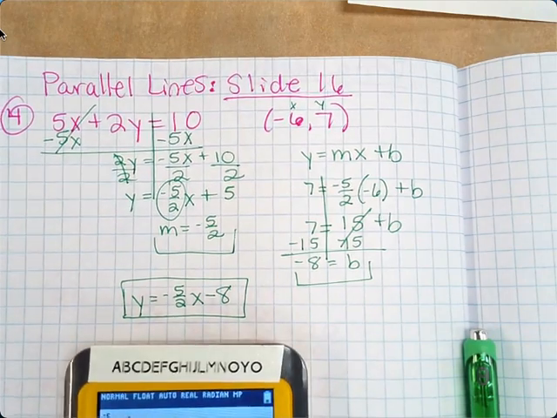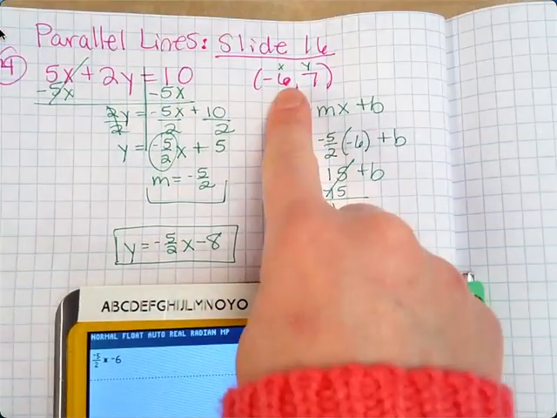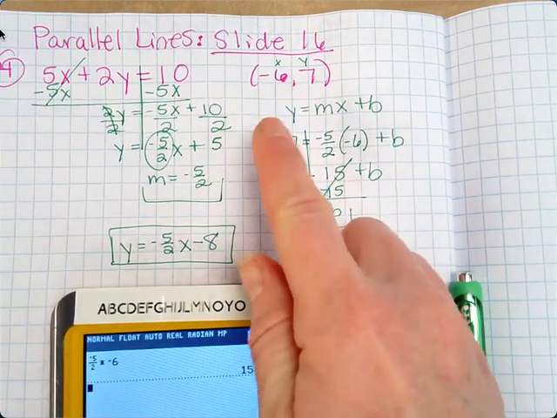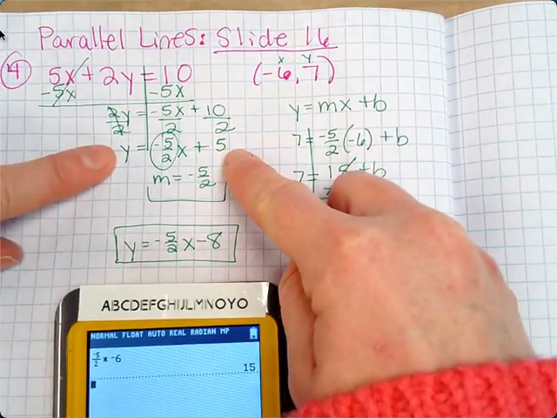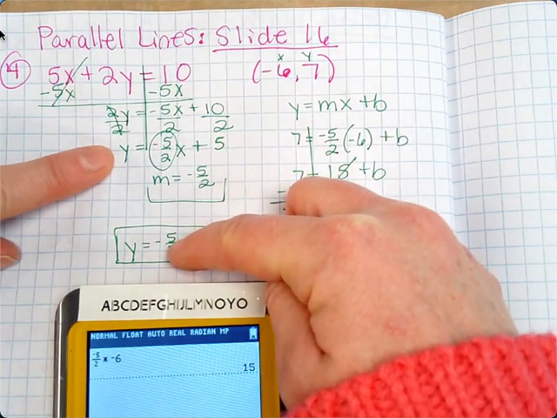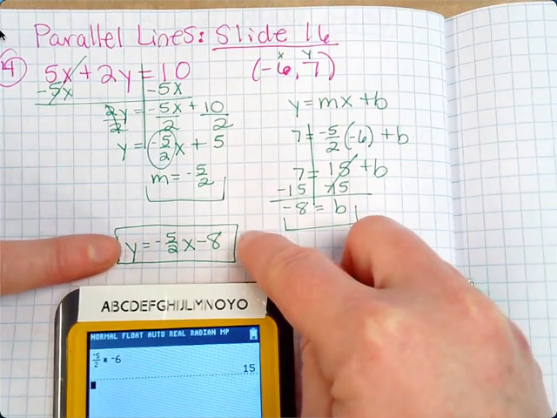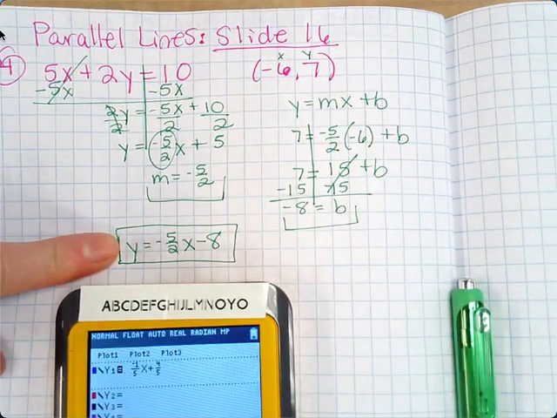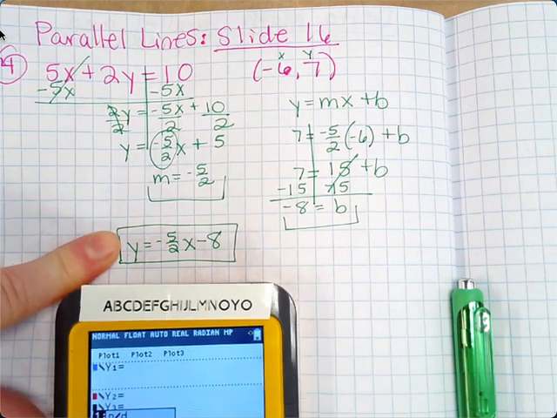But we do need to check it in our calculator. Check that it goes through this point. I'm not going to even put this one in because I know that their slopes are the exact same. So I'm not worried that they're not parallel. I'm just going to put this in and make sure that that point is on my table.